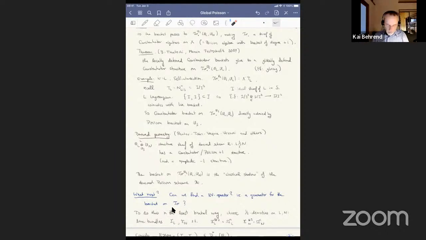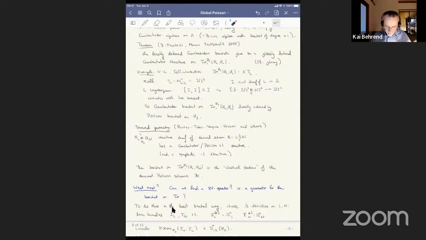To do this, some bundles need to be trivialized. What I say here is that to do this in the least brutal way, what we need to choose is half densities on the two Lagrangians.